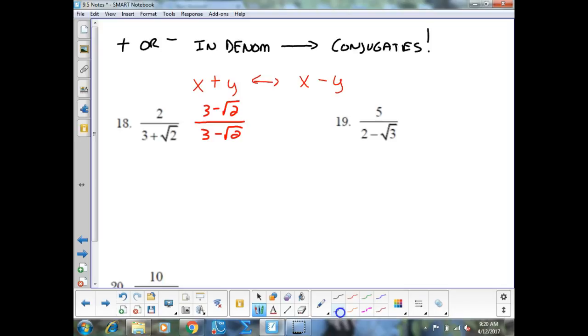Okay, with me? So now it becomes a wonderful, fun-filled distributive type problem, where on the top I distribute in there. So my top becomes 6 minus 2 square roots of 2.